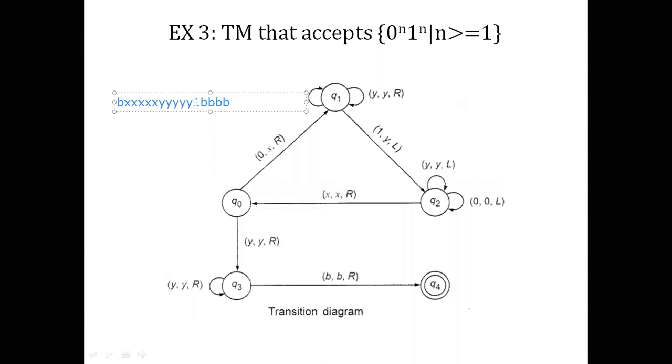If I do not find any 1 here, and I have only X's and Y's remaining, and once I complete reading this, the tape head reaches the rightmost end and reads B, that means the count of 0 and 1 was the same. This is what is actually described here in this diagram.